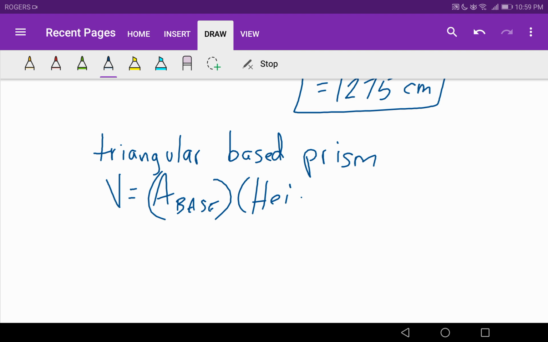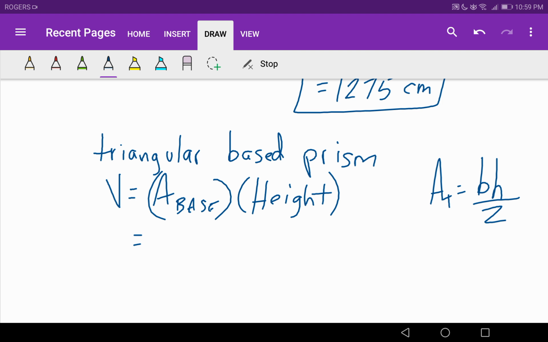Okay, because it's a prism, so it's not divided by 3. It's not a pyramid. It's just area of the base times height. The difference is that the base for a triangular based prism, you guessed it, is a triangle. So the area of the base of a triangle, right? So the area of a triangle, if you can remember from lesson 1, is base times height divided by 2.